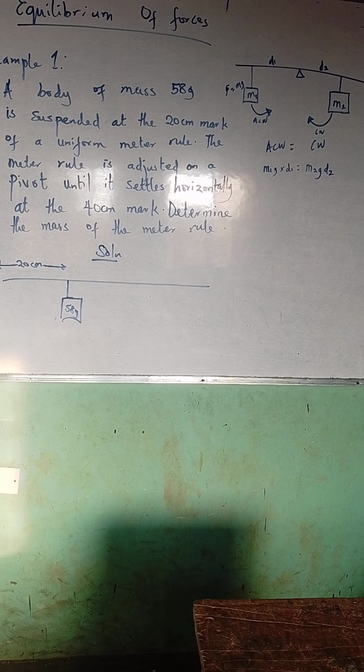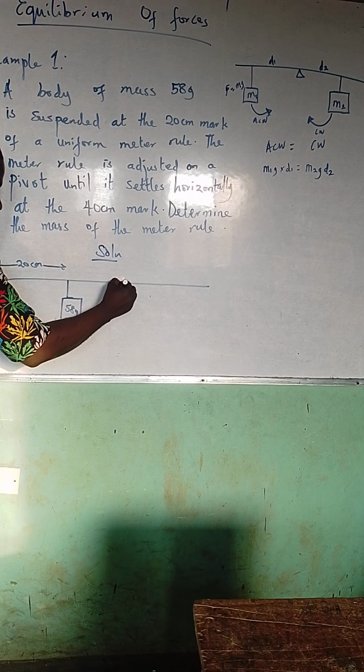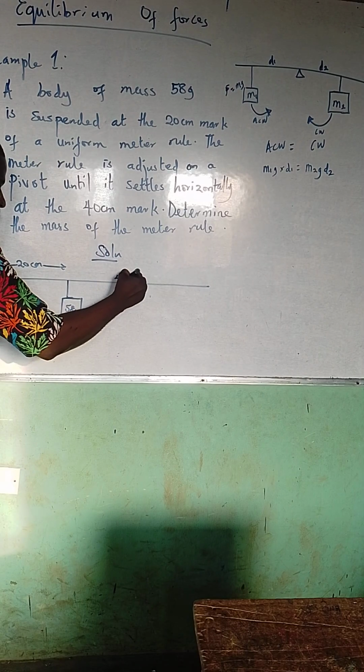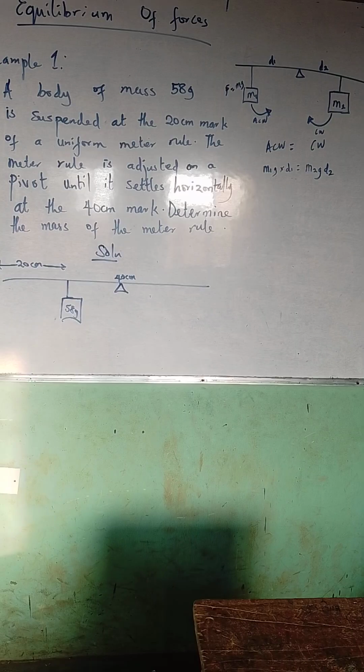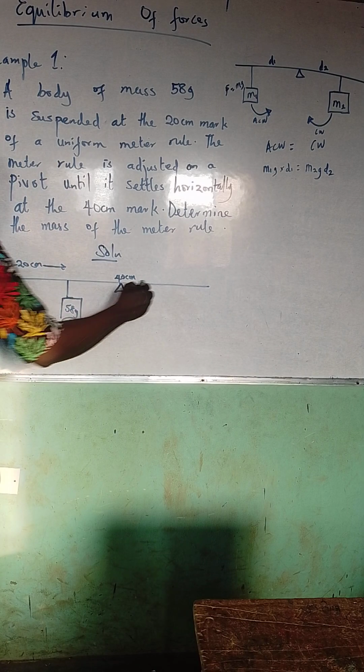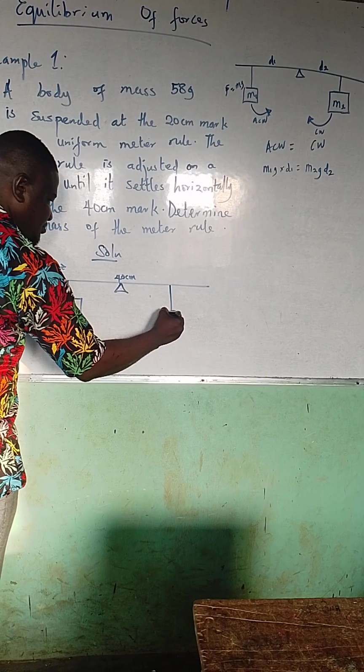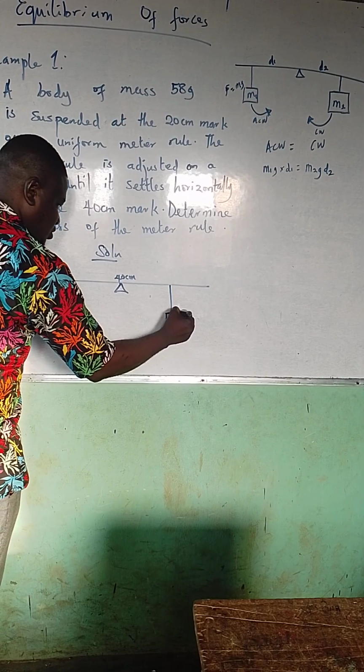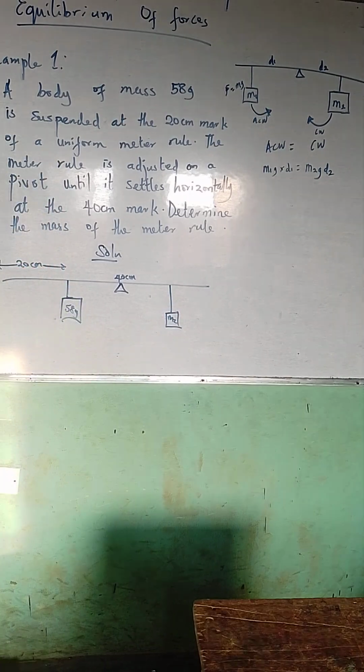And on a uniform meter rule, the meter rule is adjusted until the pivot is able to settle where? 40 centimeter. That is from here, the pivot, 40 centimeter. Determine the mass of the meter rule. So the meter rule can be anywhere here. Let's call this one M2.